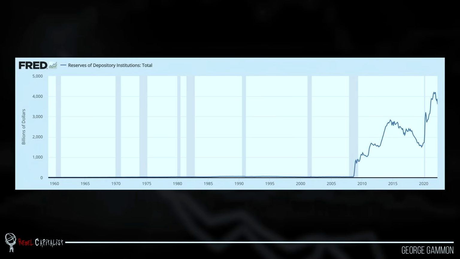This is one of the main tools that the banks have to create more loans, to expand their balance sheet, to create more dollars. Another thing I want to point out before I move on is in 1987, just to give you an example, the amount of bank reserves in the system was about $60 billion with a B. In 2007, the amount of bank reserves was $40 billion. It went down by $20 billion.